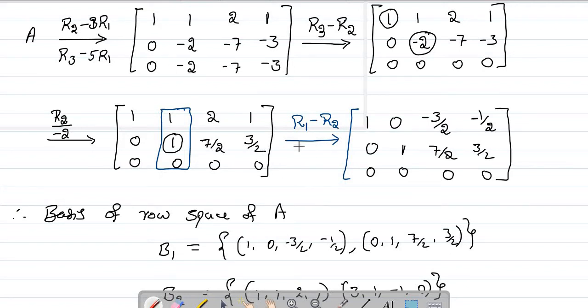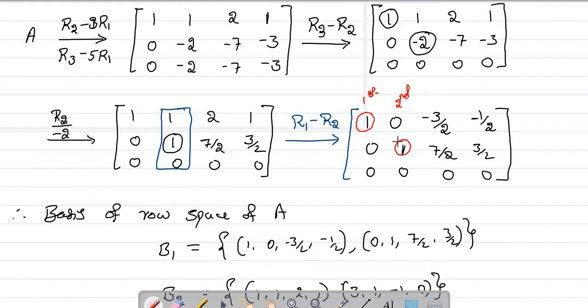So since these two are row equivalent, what is the basis for the column space of A? I simply say the columns which contain pivot elements. The first column and similarly the second column. These two columns contain pivot elements. So these two are going to be the basis of the column space of this matrix.